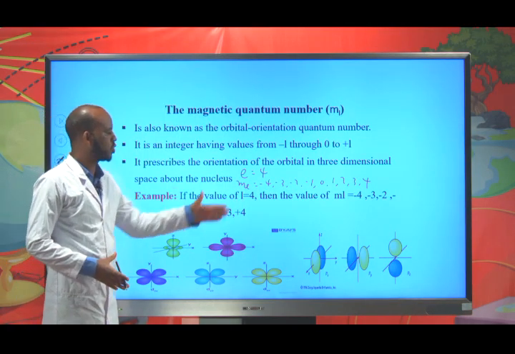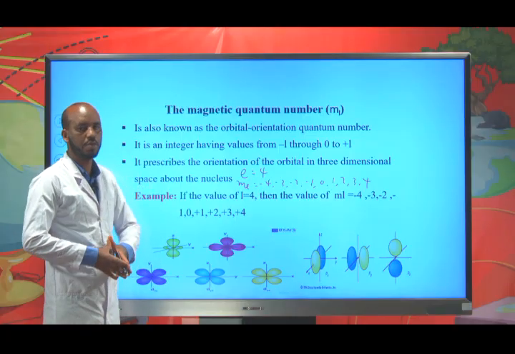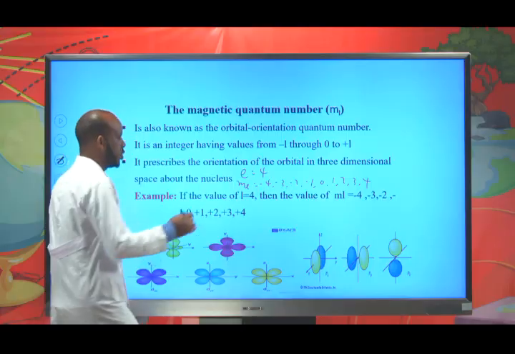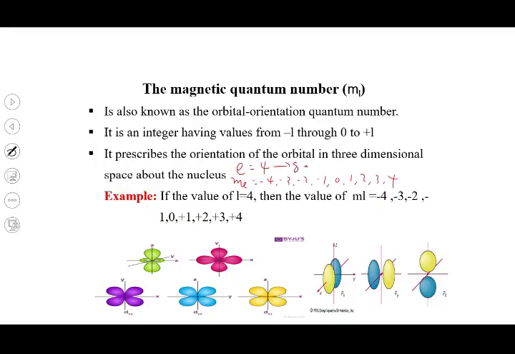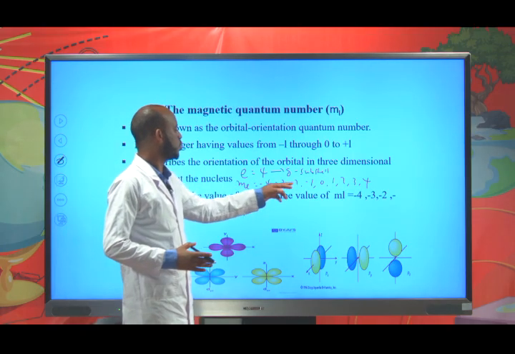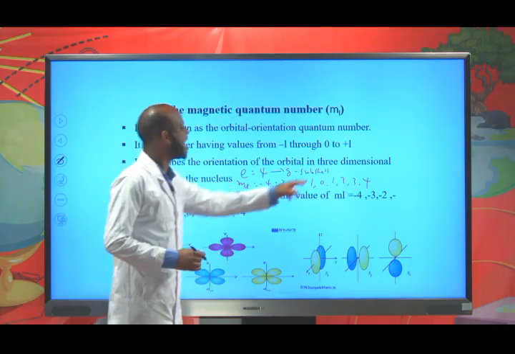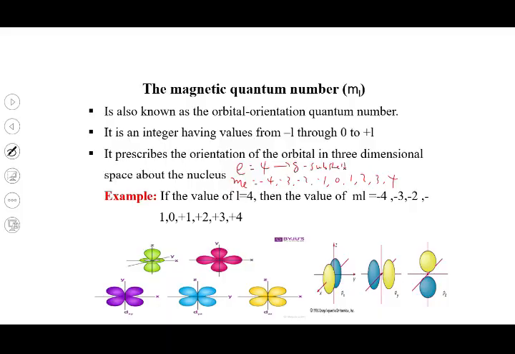It indicates the number of atomic orbitals. L equals 4 is the g subshell. How many orbitals are there in the g subshell? 1, 2, 3, 4, 5, 6, 7, 8, 9. There are 9 orbitals in the g subshell.